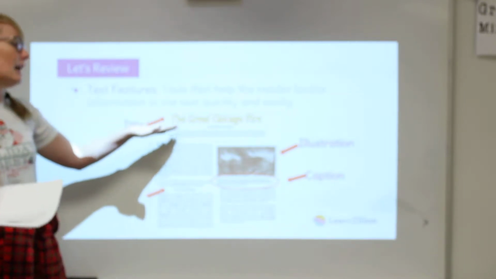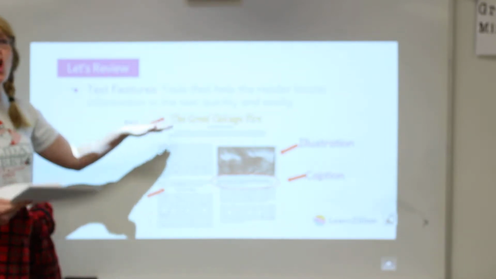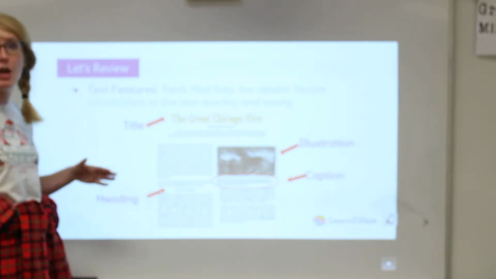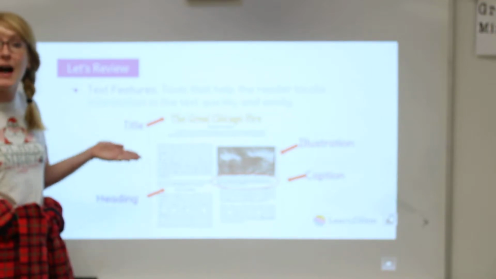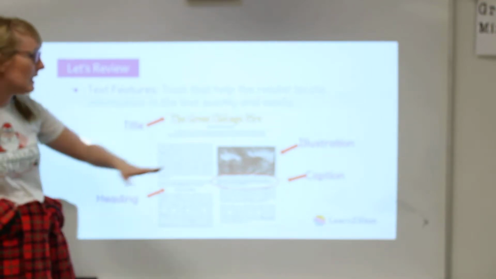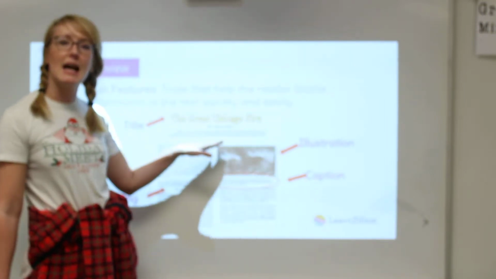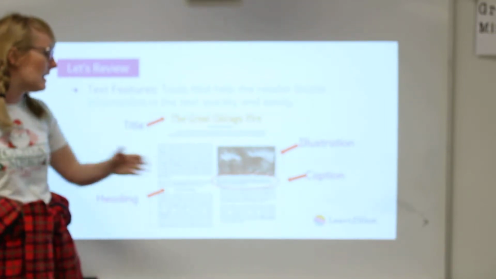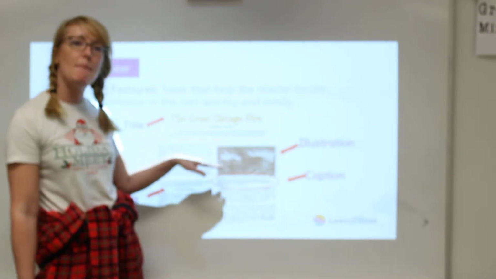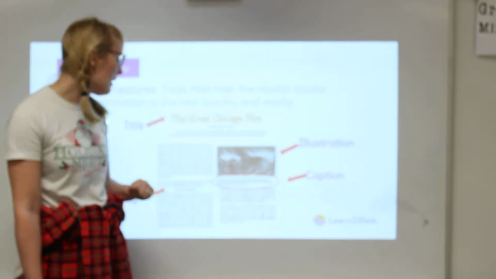Here we can see the title, which obviously gave us a large clue about what the main idea is. But we're not in second grade anymore, folks. It's not enough to know this is about the Great Chicago Fire. You are going to have to also find the support. This illustration gives me an idea about what that looked like. The caption, of course, is always going to give me information about that illustration or photograph.